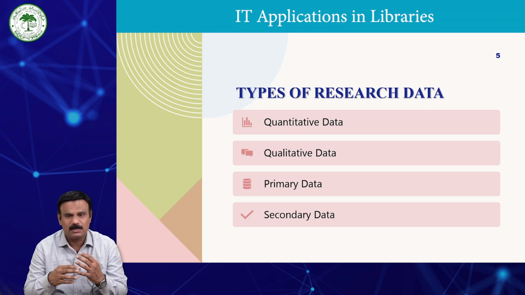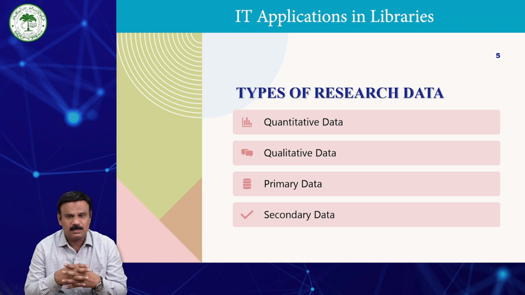Examples are data collected through your surveys, your questionnaires, data collected when you are conducting interviews and focus groups, and the data received after your experiments or field studies. These are the primary data.